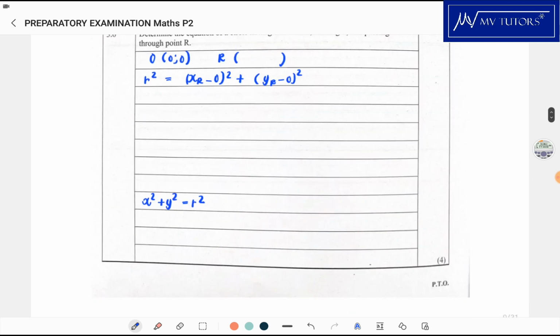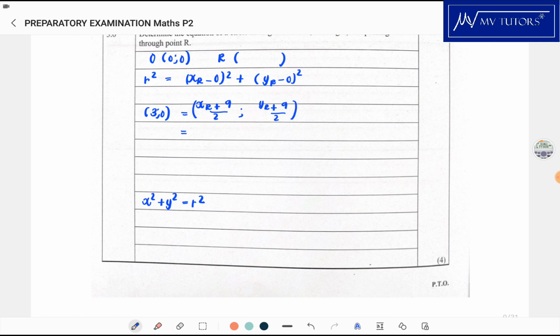Okay, so we know that our midpoint is M, which is (3, 0). We need the x-coordinate of R plus that of Q, which is 9, and we're dividing that by 2. Then the y-coordinate of R plus the y-coordinate of Q, which is 9, divided by 2.